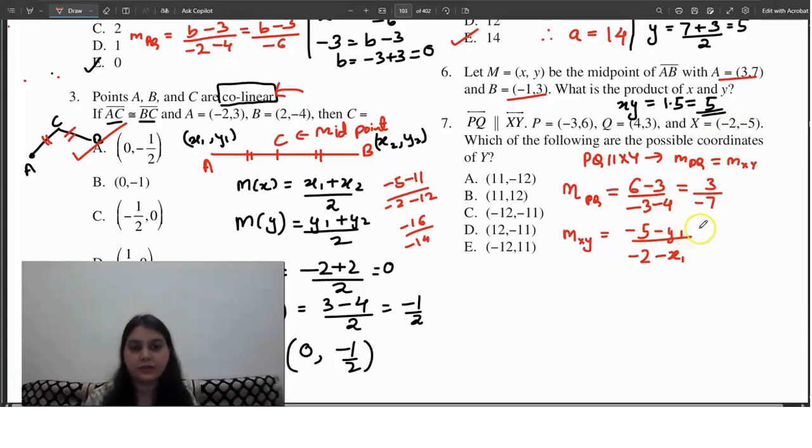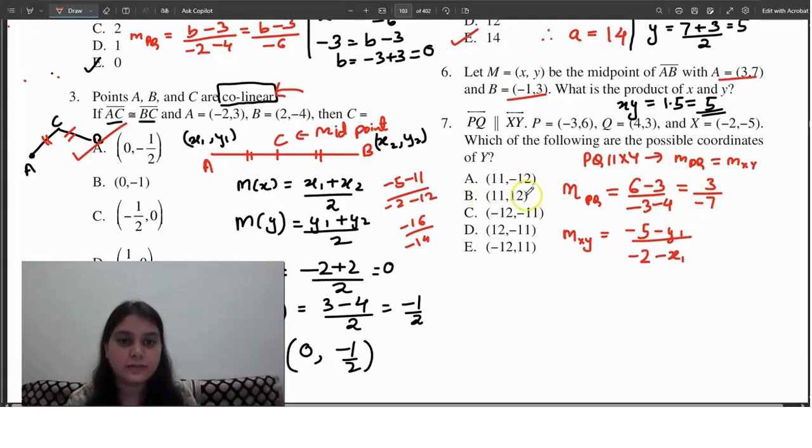Let's try putting some values that can reach us here. We have 12s and minus 12. So if we start with 11 comma minus 12, here we'll have minus 5 plus 12. So we're going to get 7 in the numerator. We definitely don't want 7. We want 3 or some multiple of 3. So this one is cancelled.